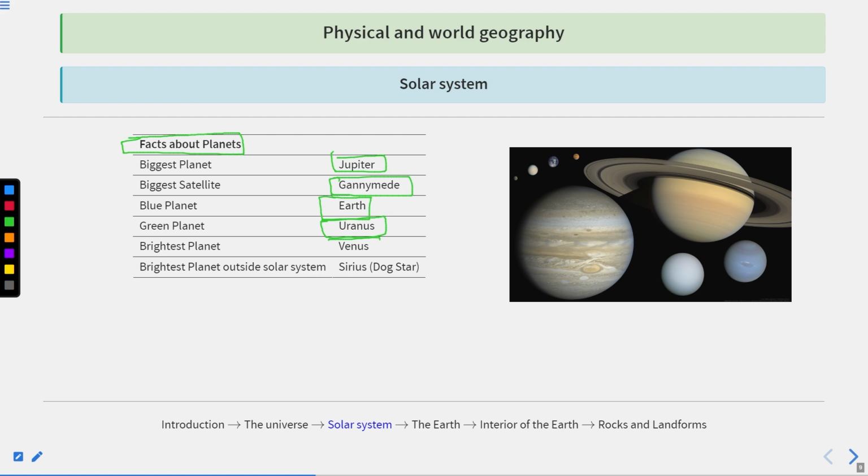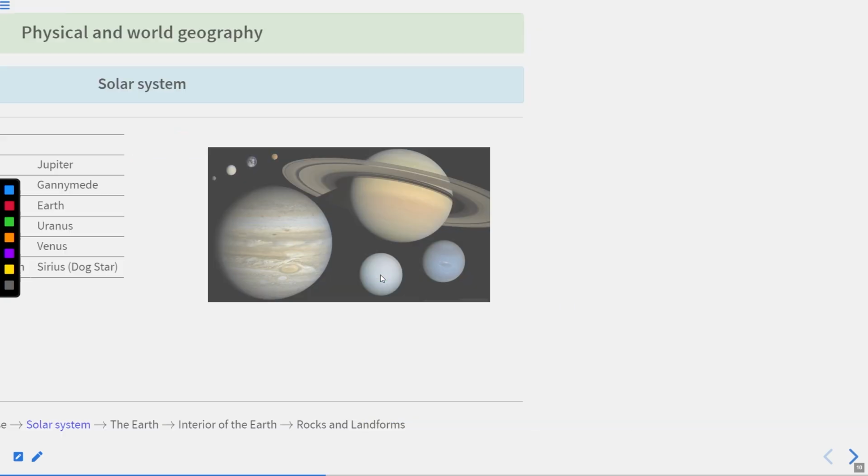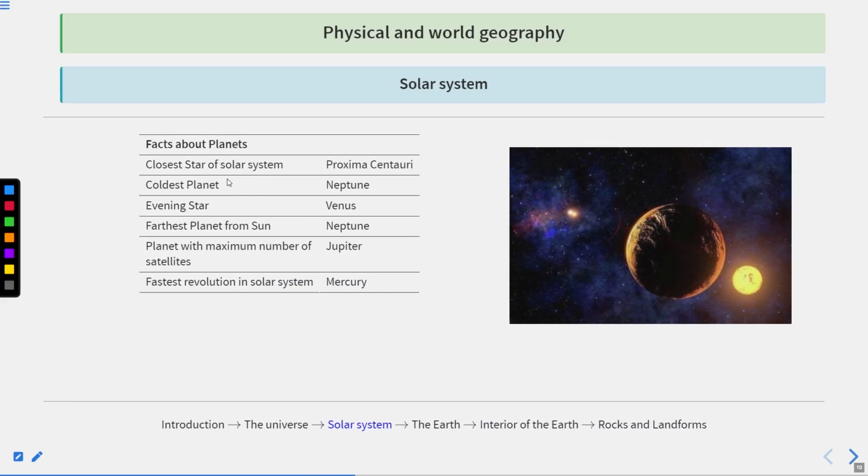Brightest planet is Venus. Brightest star outside the solar system is Sirius, or the dog star. Closest star to the solar system is Proxima Centauri. Coldest planet is Neptune. Evening star is Venus. Farthest planet from the Sun, Neptune.